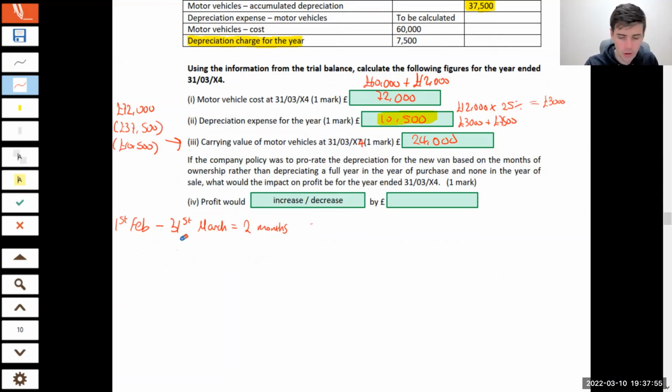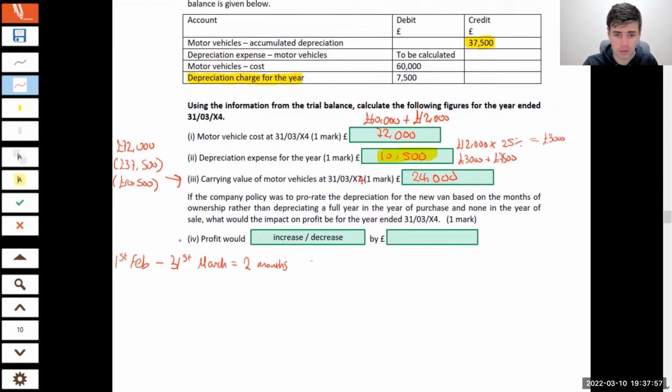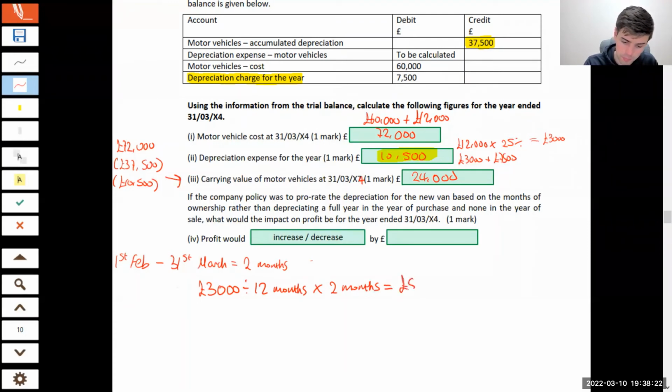Okay, so I now need to prorata. So I already know what the full depreciation charge would be of £3,000. I'm going to divide it by 12 months and then times by the amount I want to prorata by, which in this question I've just worked out is 2 months. Gives me a total £500.